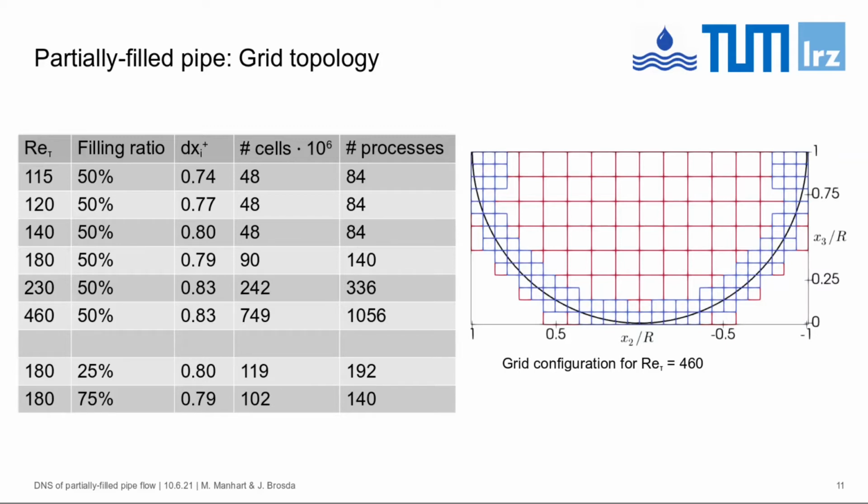And what we see here is not the computational grid cells, but the partitioning of the computational domain. We also did simulations with a quarter filled pipe and a 3/4 filled pipe at a relatively low Reynolds number.